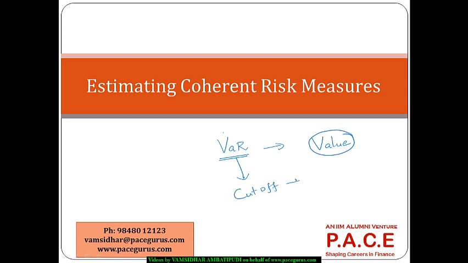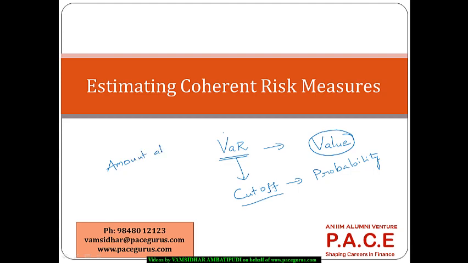It's only a probability: there is a 5% chance that the loss will be more than this particular amount. It's actually not telling me the actual amount that is at risk.